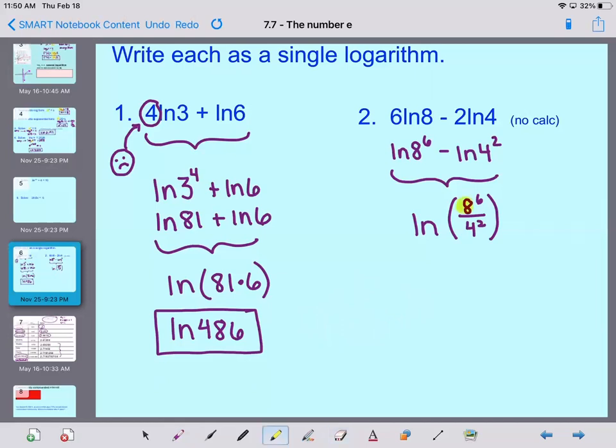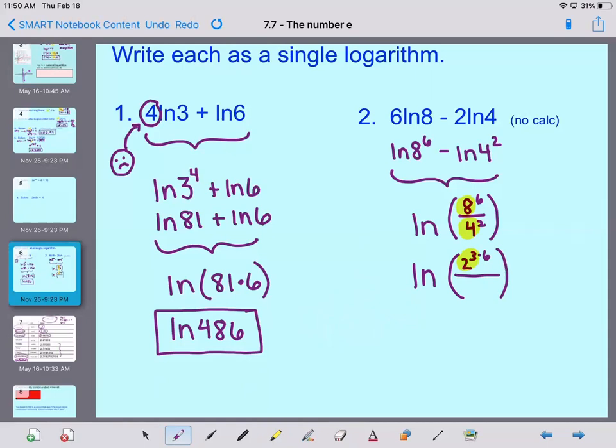So I'm going to change those 8 and 4 bases. I'm going to change 8 to 2 to the third. That is still 8. 2 to the third is still 8. And then the 6 has to come down into the exponent.